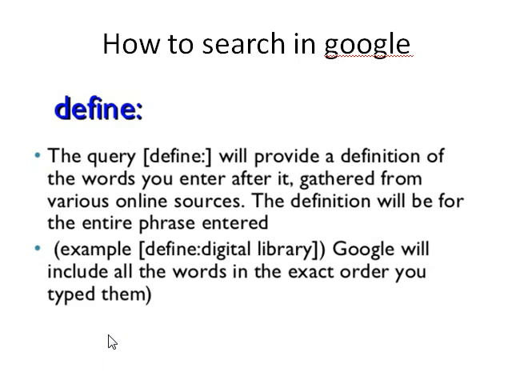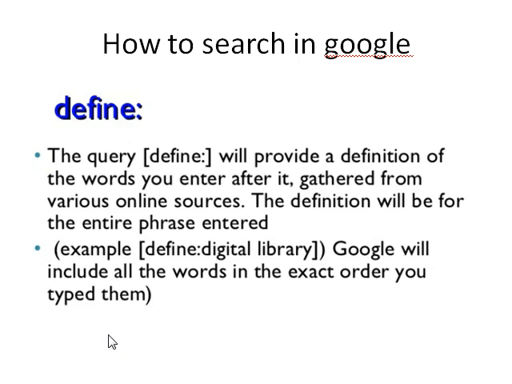Not only the definition of digital, or only the definition of library, or maybe the reverse, library and digital. No, only the definition of digital library. It is very important. The order of writing the terms can affect the result of this kind of define.